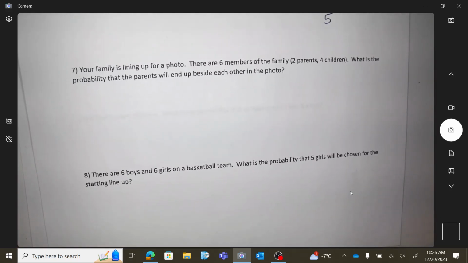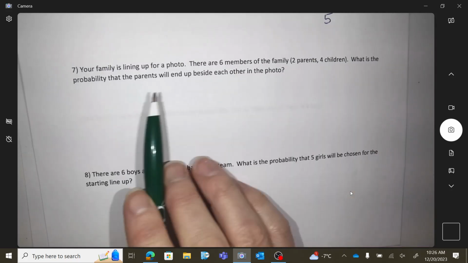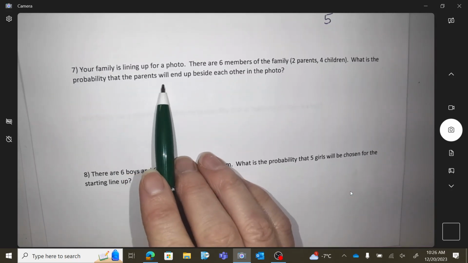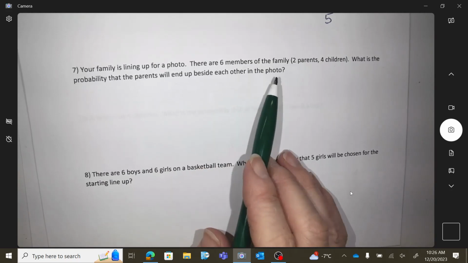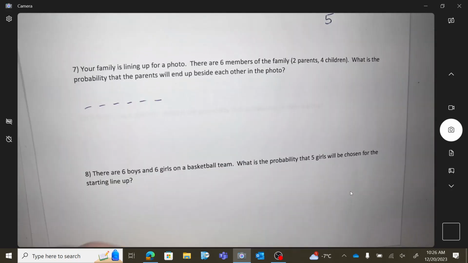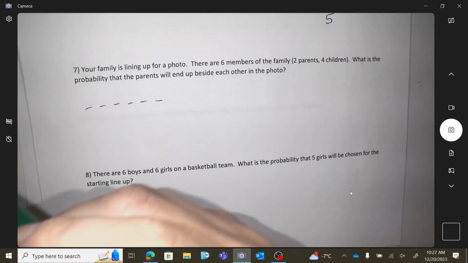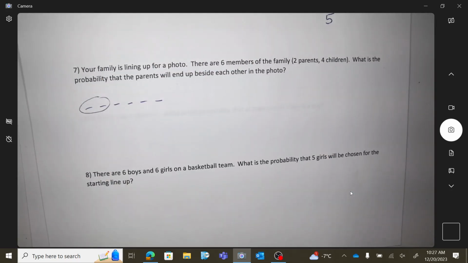Your family is lining up for a photo. You have 6 members with 2 parents, 4 children. What is the probability that the parents will end up beside each other in this photo? Okay, so here's my 6 people. I'm putting them in a photo. Think about the parents sitting beside each other. You chunk them together.